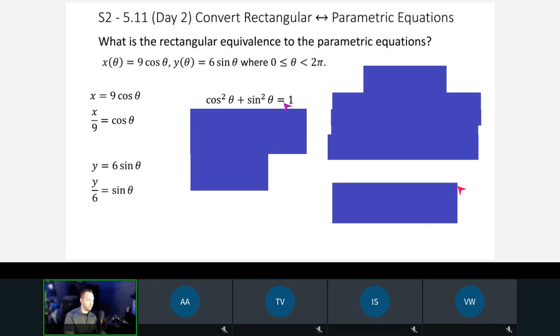And we can only use this when you solve both equations with respect to cosine theta and sine theta. Because now we know what cosine theta equals, which is this, and we know what sine theta equals, this. So we're just going to replace cosine and sine with what they equal, x over 9 and y over 6.